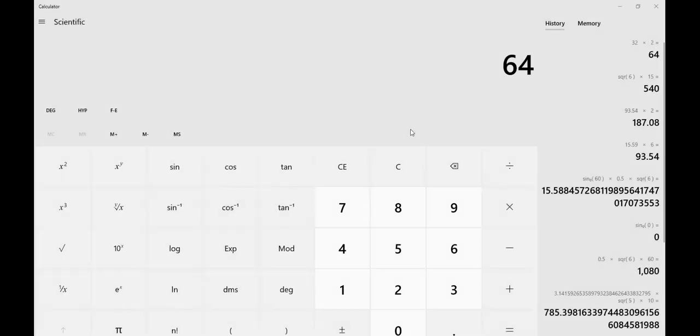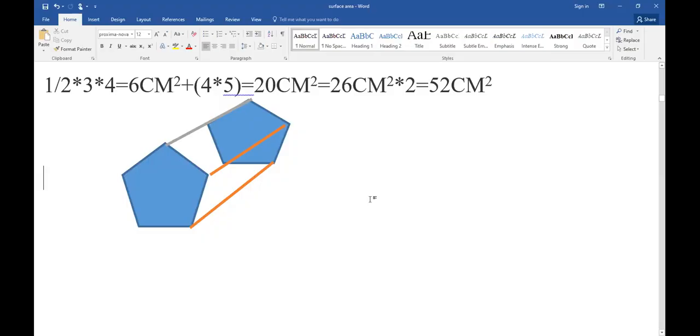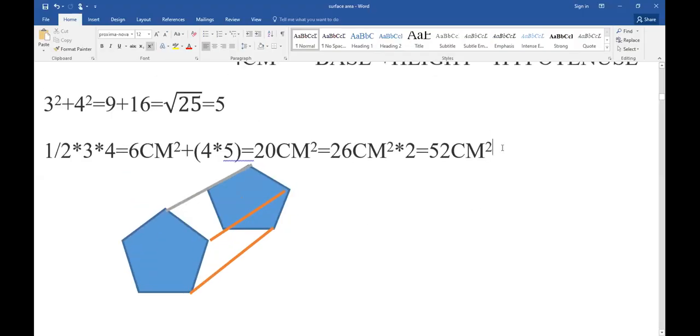So we come to our calculation part. This one we add to 64, and then we also add 52.